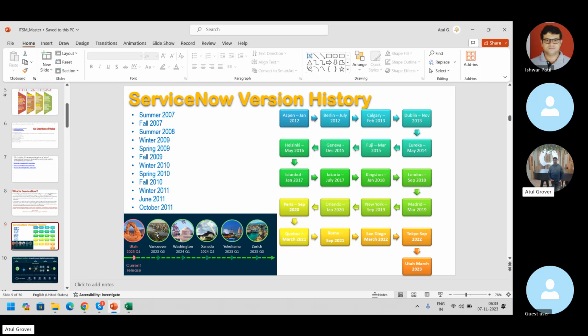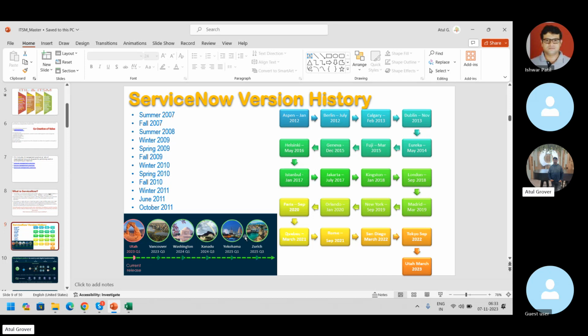They're improving it. Maybe in Washington they bring something new. In Xanadu they will bring something new. In Yokohama they will bring new. Zurich they will bring new. So teams are working on the next releases as well.